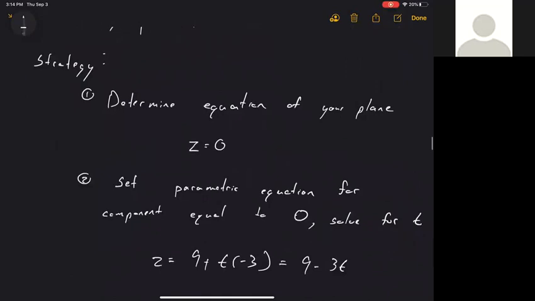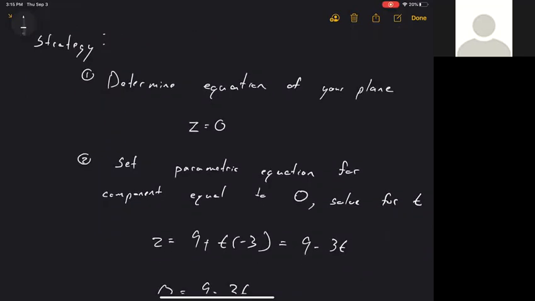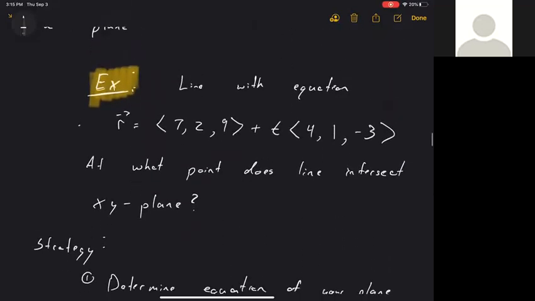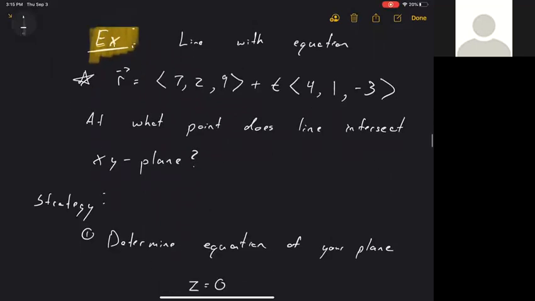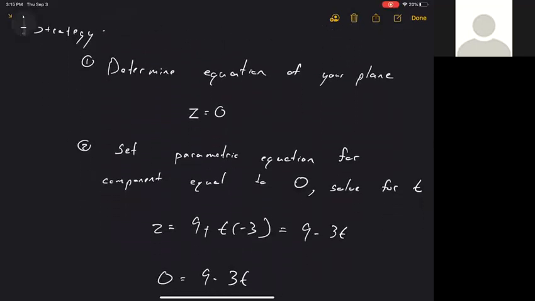Now, what you're going to do is set your parametric equation. Remember, this is the vector equation. We could also do the parametric equation, and set the parametric equation for this component equal to 0. What does that mean?